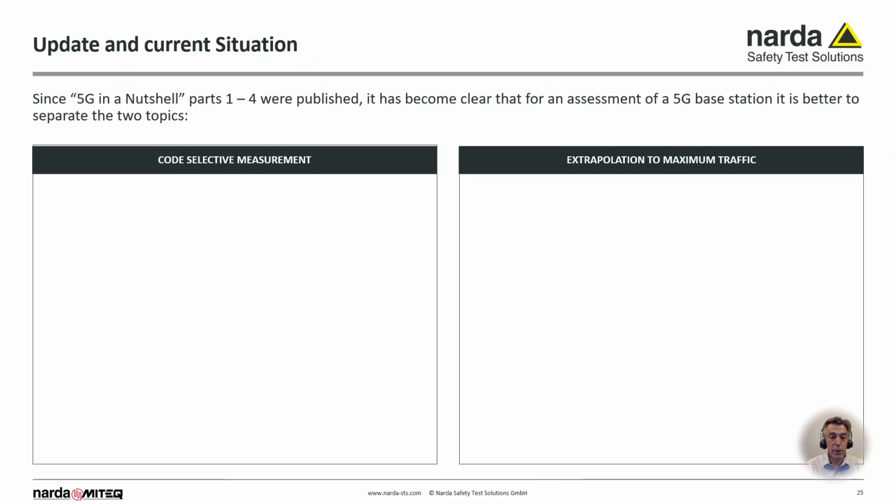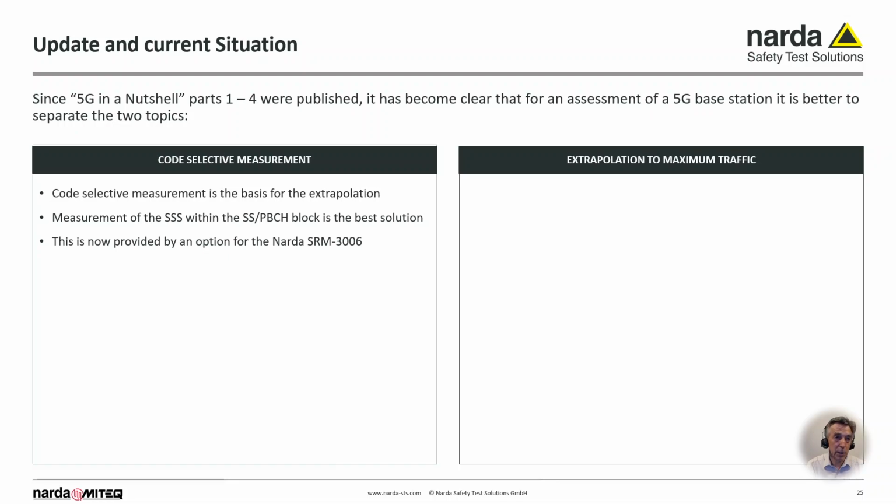And the first formula then was the code selective measurement. This was the first point which was defined. And this is exactly what the SRM is nowadays doing. So the code selective measurement is the base for the extrapolation.